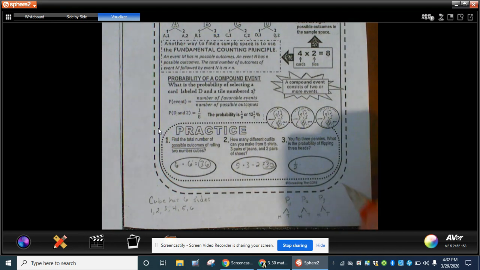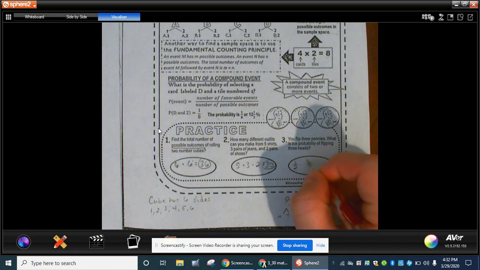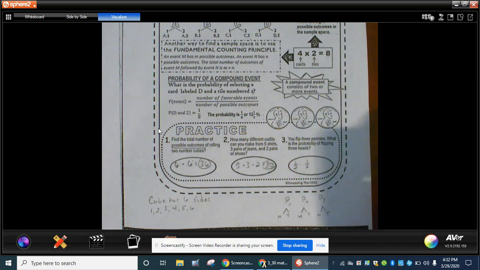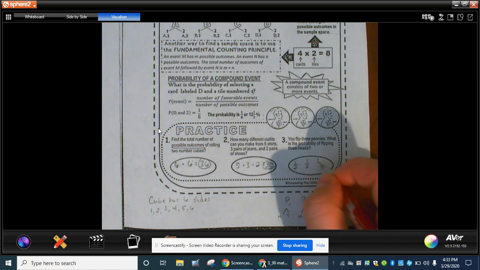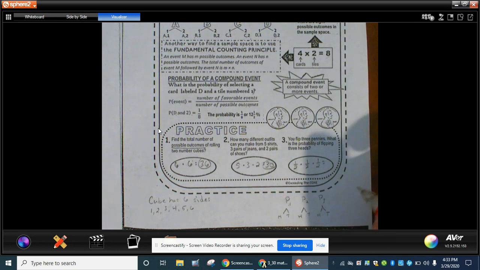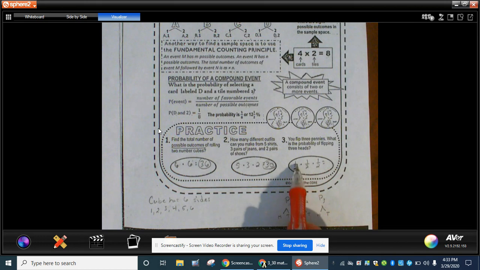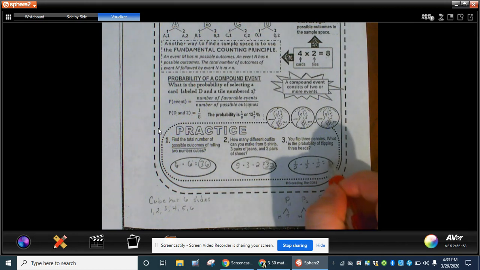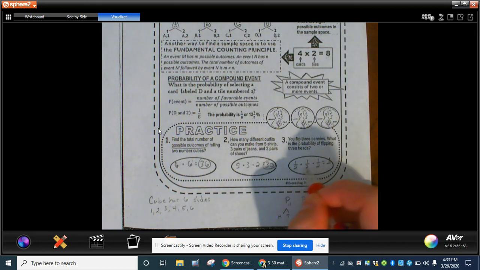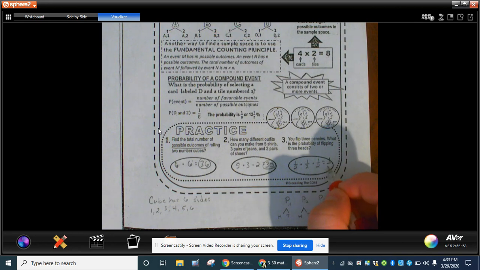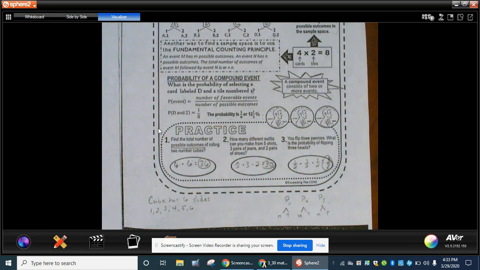The probability of getting a heads for the second penny would also be 1/2, and for the third, also 1/2. So I'm going to multiply all the way across. 1 times 1 times 1 is 1. 2 times 2 times 2: 2 times 2 is 4, 4 times 2 is 8. So 1/8 would be my probability there.